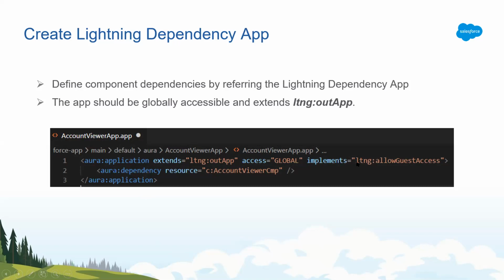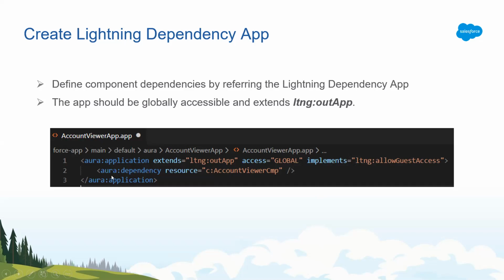This is used, let's say, if you have a scenario where you want to expose your Visualforce page on a public site, and on your Visualforce page you're calling a Lightning component, then you have to implement the guest interface. I took this snippet from an example that I had, so that's why it is mentioned over there.